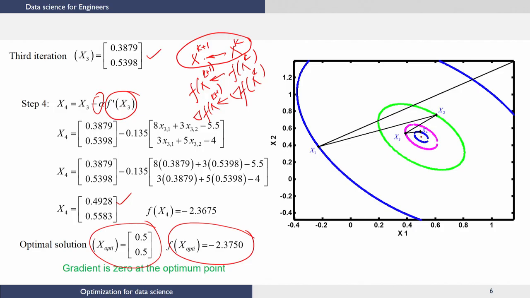You could also simply take the difference between the objective function values in two iterations. For example, when that becomes very, very small, you could think about saying that the algorithm has converged.